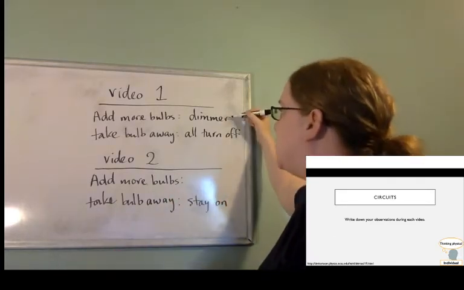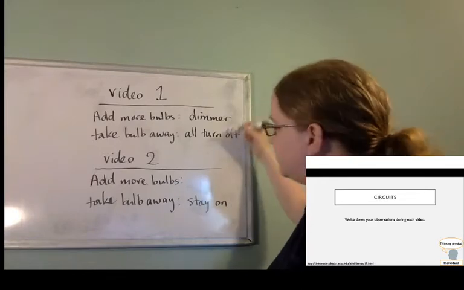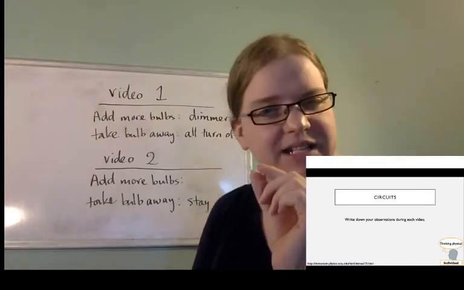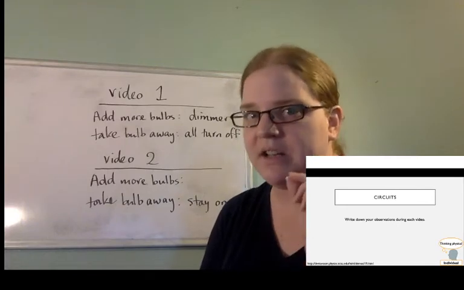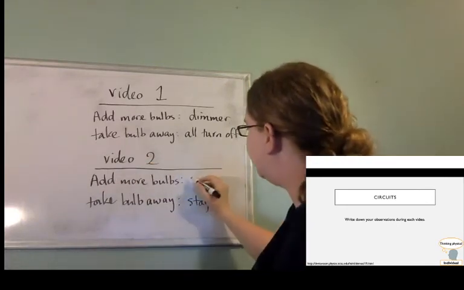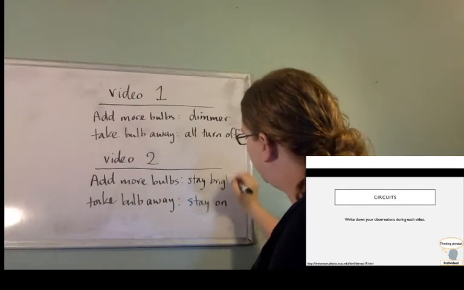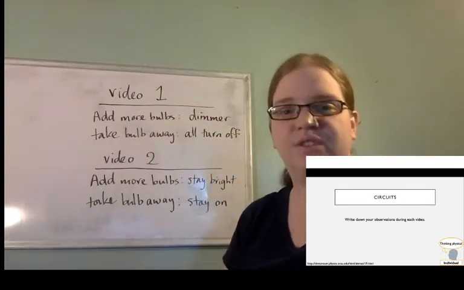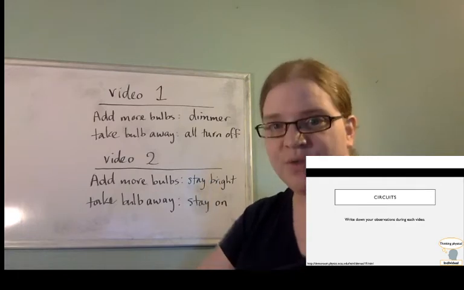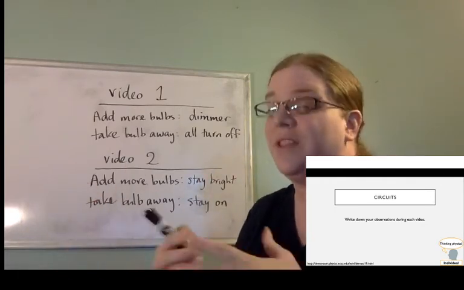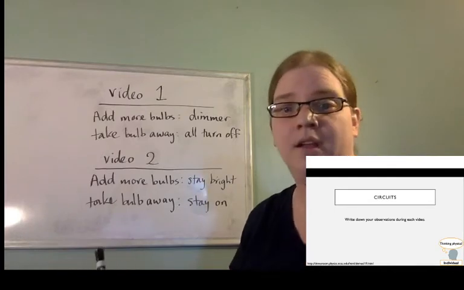Here, as we add more bulbs, they get dimmer. As we add more bulbs here, they might get slightly dimmer, but honestly not by much, right? They generally stay bright. So these are two extremely different kinds of behaviors for what looks like the same 5 light bulbs, right?